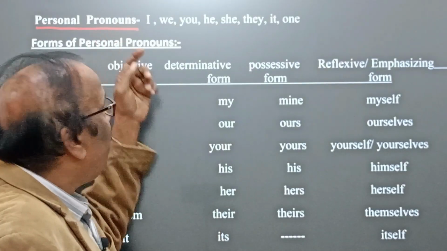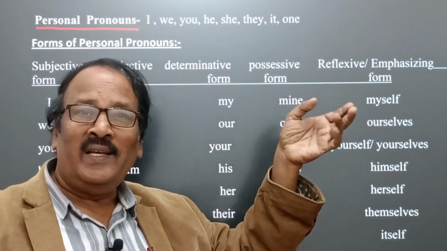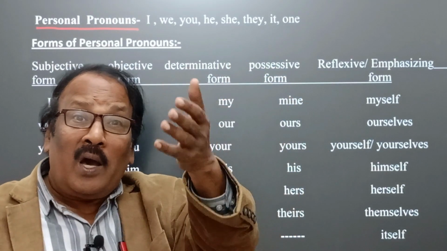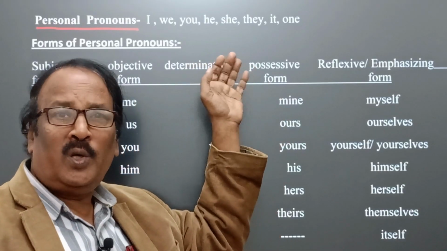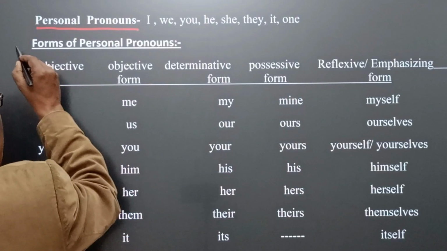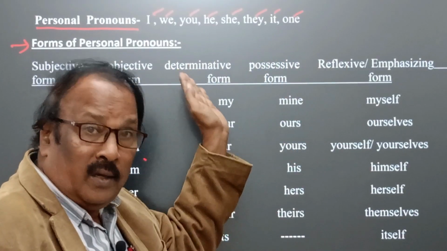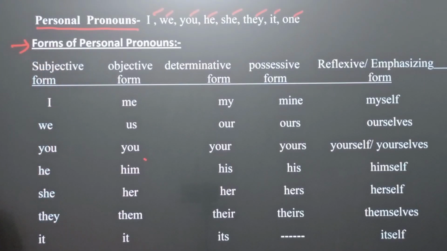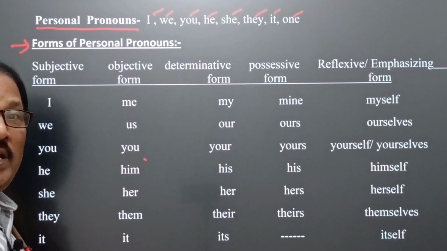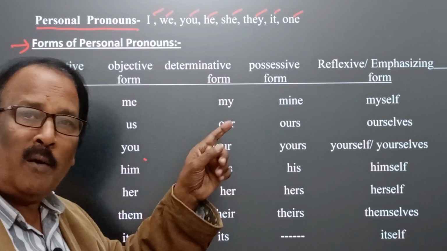Personal pronouns. Personal pronouns are used frequently in our spoken and written English. Therefore, you are expected to know very clearly the use of personal pronouns and the forms of personal pronouns. Now see in a table 5 forms of personal pronouns. First is subject form, what we have already discussed, that is nominative form.